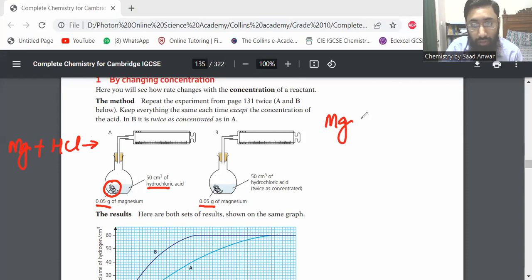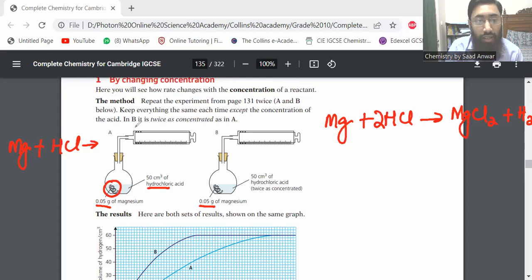When magnesium reacts with HCl, the products we get are MgCl2 and hydrogen gas. To balance this equation, let's put 2 here.